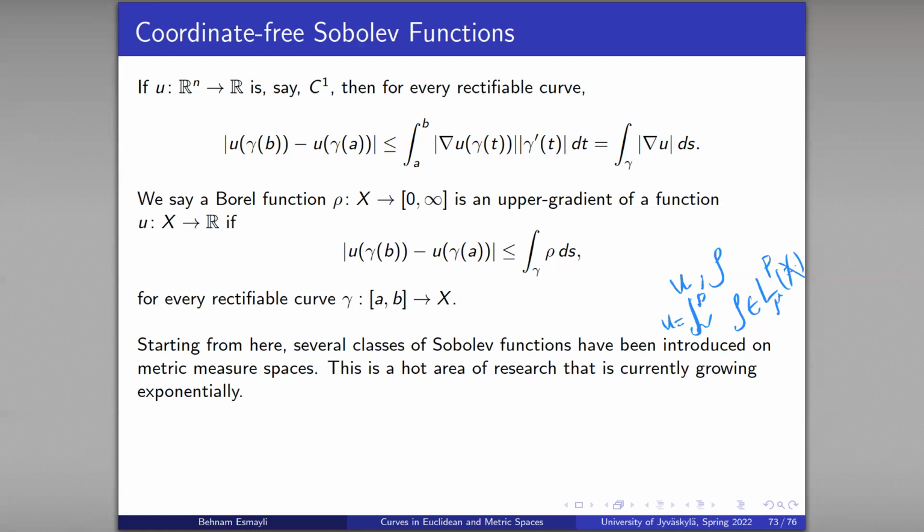And see how abstract and general this is. Compare it to how you study Sobolev functions in Euclidean spaces. You take partial derivatives. You have characterization through absolute continuity on almost every line. Any proof you do with Sobolev spaces in Euclidean spaces uses Fubini's theorem, because you foliate your space.